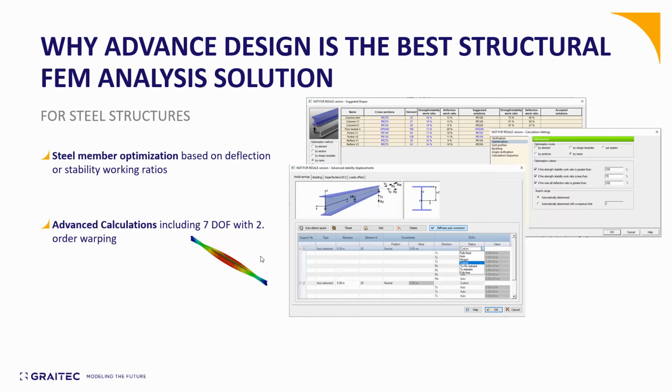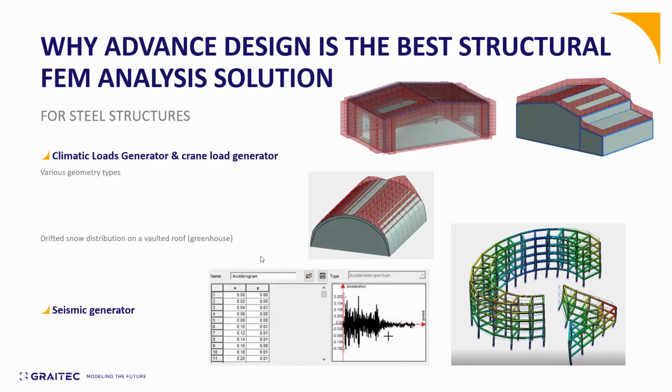Of course, creating loads may always be tough for specific structures, either wind loads, snow loads, or seismic loads. The good news is we have all of them automatically generated in Advanced Design.